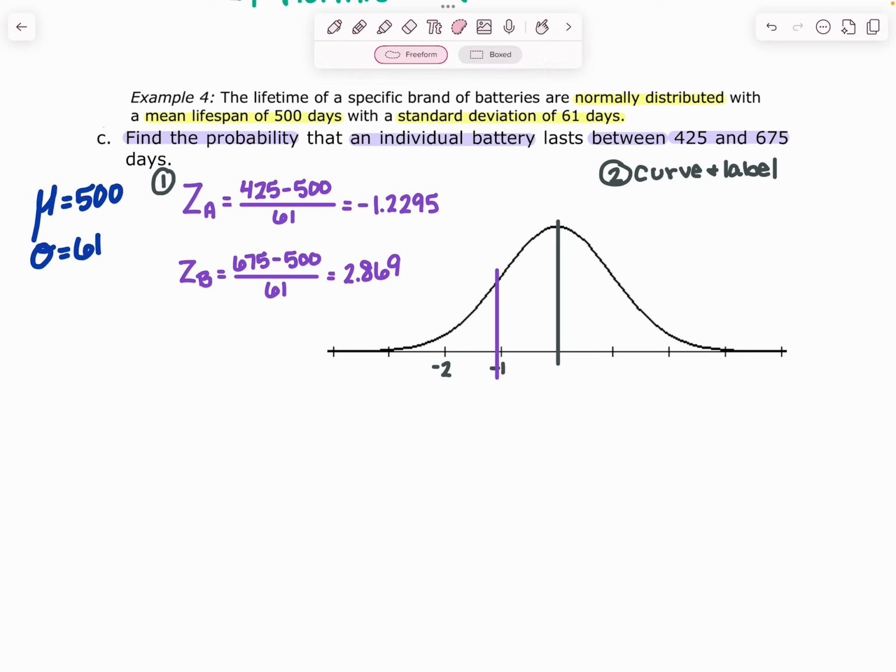That is not at all where I wanted that to go. That would be like halfway, maybe like right there. It is not an exact science. So that's ZA. And then ZB, 1, 2, 3, 2.86. That's going to be closer to 3. ZB.